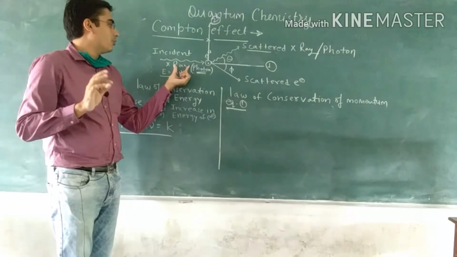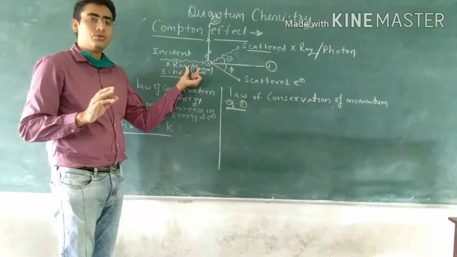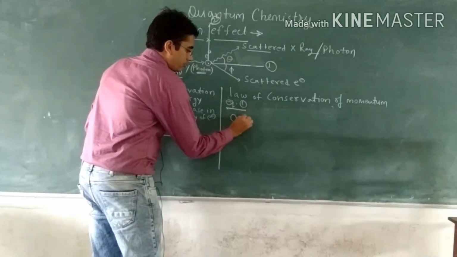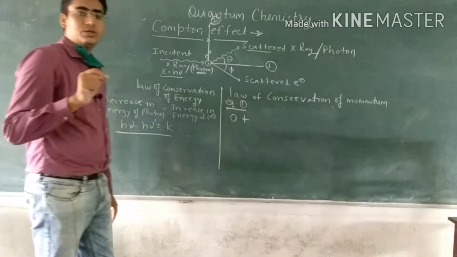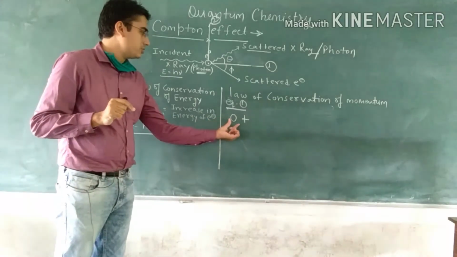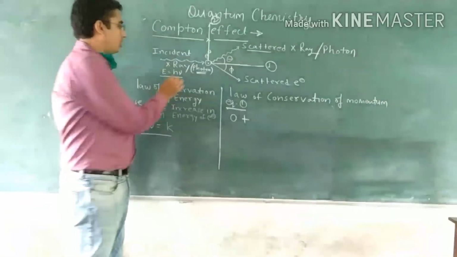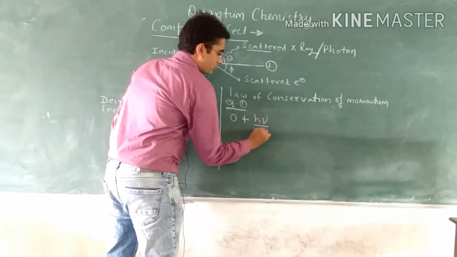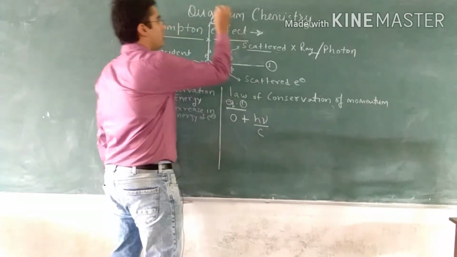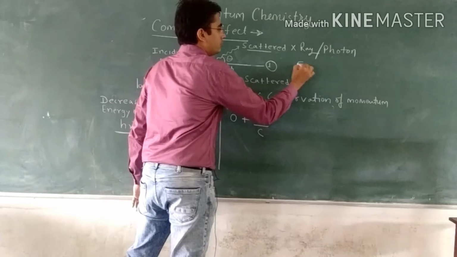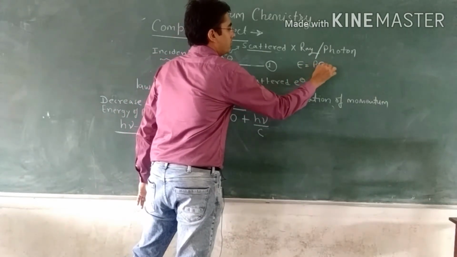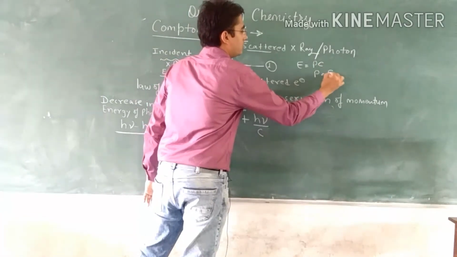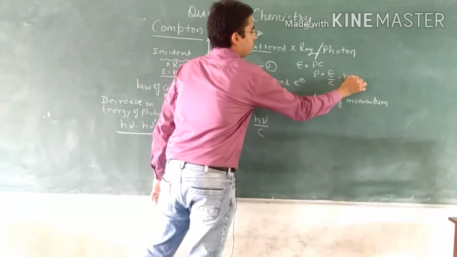We take momentum of X-ray and electron before collision. Electron is at rest, so momentum is 0, and momentum of X-ray is given by h mu upon c. How does it come? Because E is equal to Pc, where P is momentum and c is velocity, so P is E upon c.